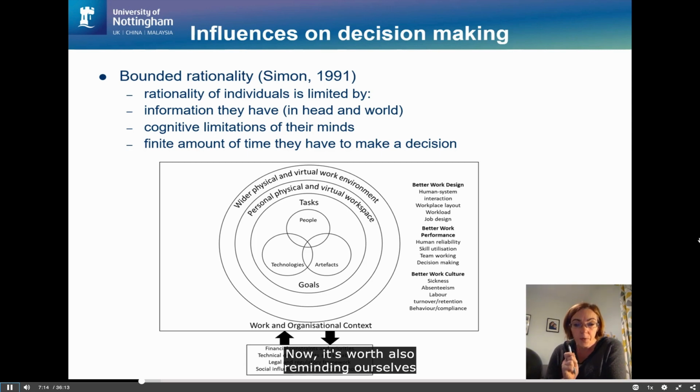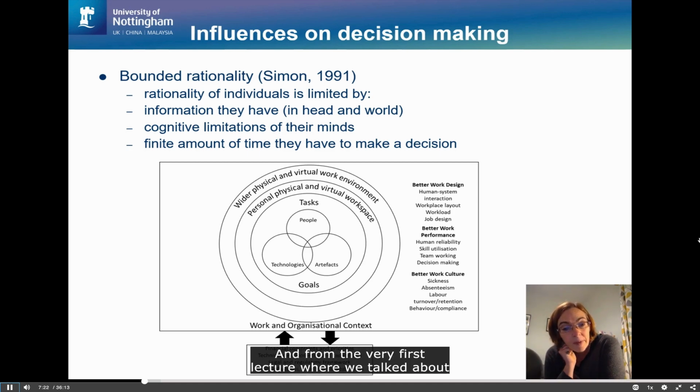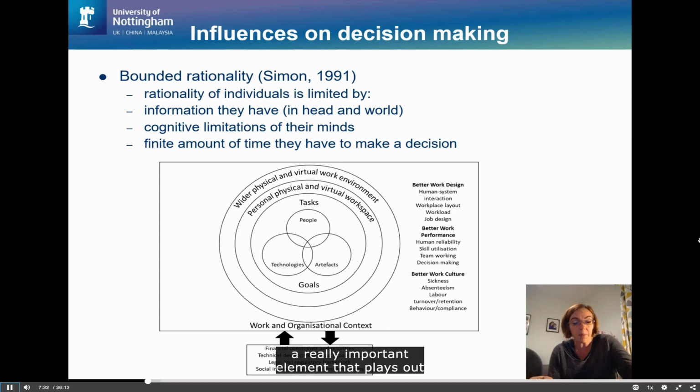Now, it's worth also reminding ourselves that all of this takes place in that wider work context. Hopefully you remember this diagram from the very first lecture, where we talked about the setting of ergonomics and human factors. Remember that there's a really important element that plays out in terms of those things we can measure, our tasks, but also the things that motivate us and influence us, our goals.